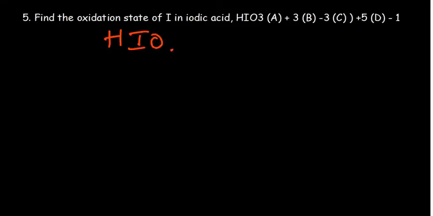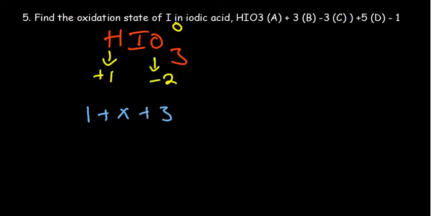HIO3. Oxygen's oxidation state is -2. For hydrogen, it's +1. So we just need to find the oxidation state of iodine. When there's no charge on the overall compound, the charge is taken to be 0. So for hydrogen, we only have 1. Iodine, I'll put X. And then we've got 3 oxygen atoms, each having a -2.